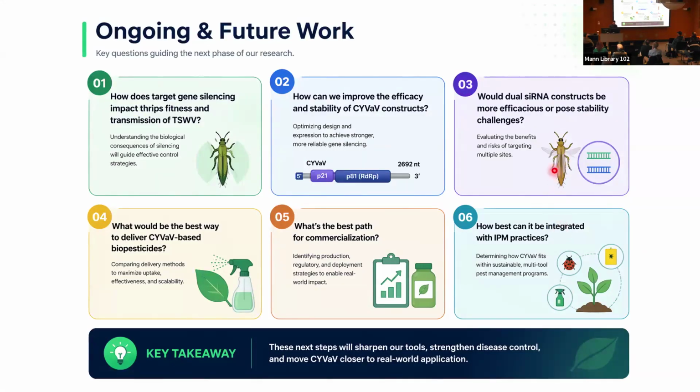We have short-term and long-term goals. In the short run, we want to see how this silencing impacts thrips fitness as well as transmission. And then in the long run, we want to see what's the best path for commercialization of this technology and how best it can be integrated with IPM practices.